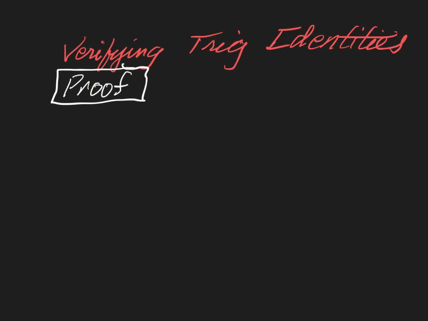Now, in your lesson, they're going to give you a list of things. They give you a list of 6 things, which is what are your best strategies for verifying a trig identity, okay? What are your best strategies? And they list them. Number 1, rewrite as sine and cosine, everything.